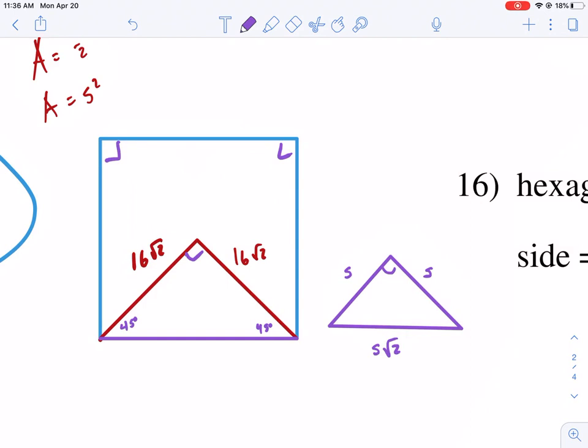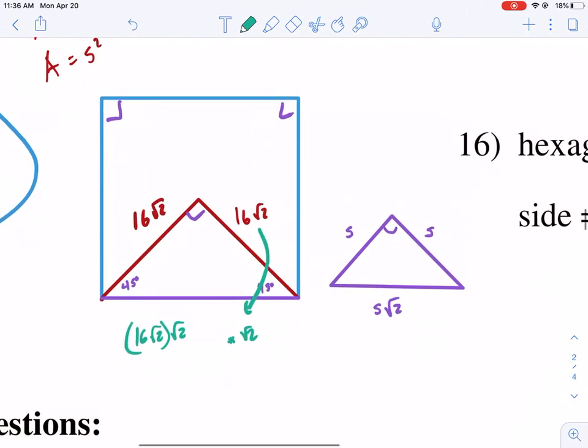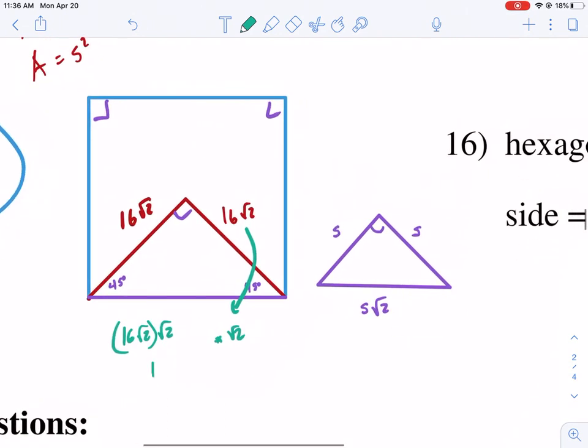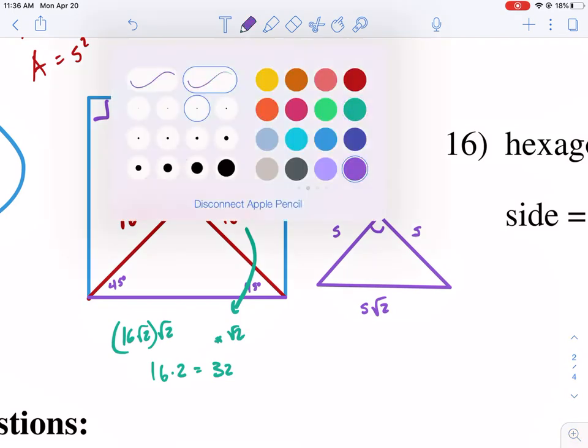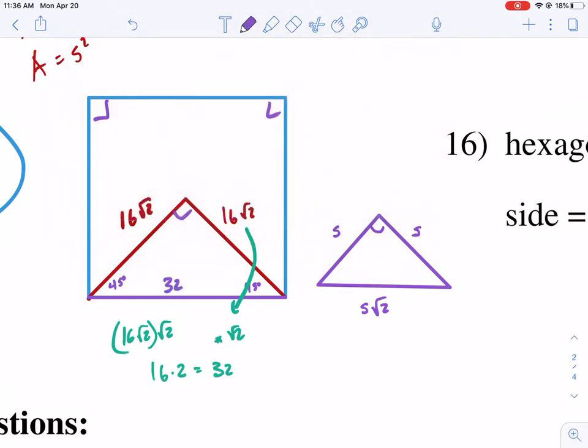So I need to multiply this side by radical 2 to get the hypotenuse, or the side of the square. So I do 16 radical 2 times radical 2. Radical 2 times radical 2 is going to be radical 4, or 2. So I get 32 for my side length. So I know the side of the square is 32.